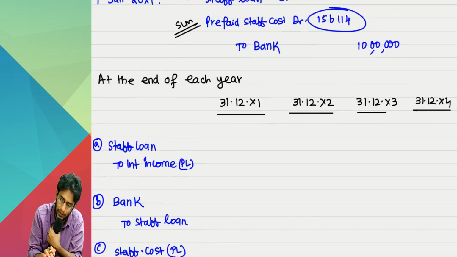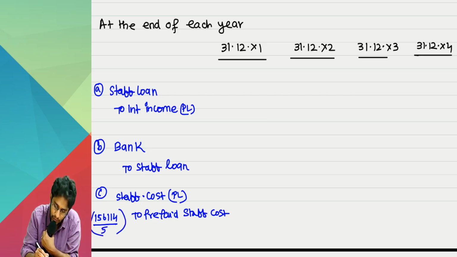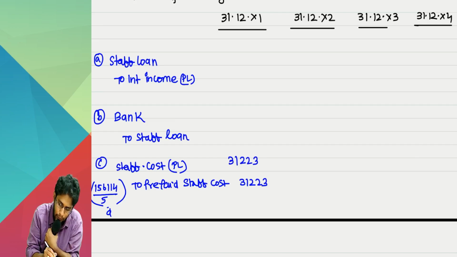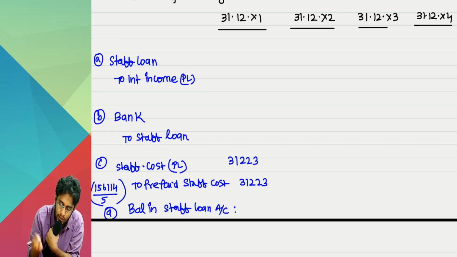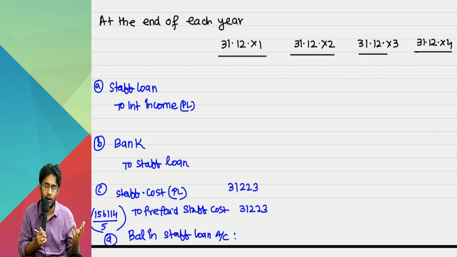What is the amount of prepaid staff cost you told me? 156,114 divided by 5, what answer? Please tell me the number. 31,223. Then point D is simply the balance in the staff loan account. This is not an entry, just a number. If you record these 4 items for each year, drama over.